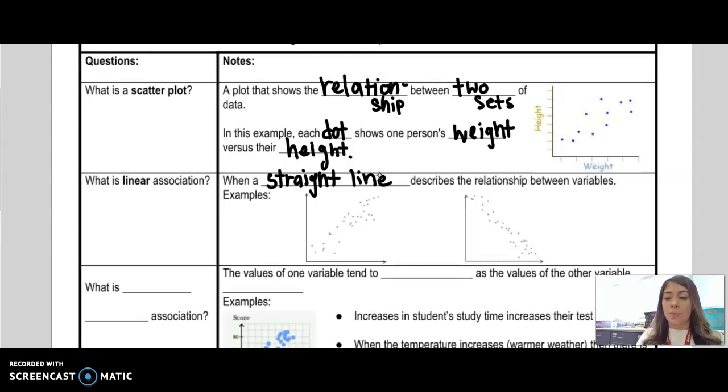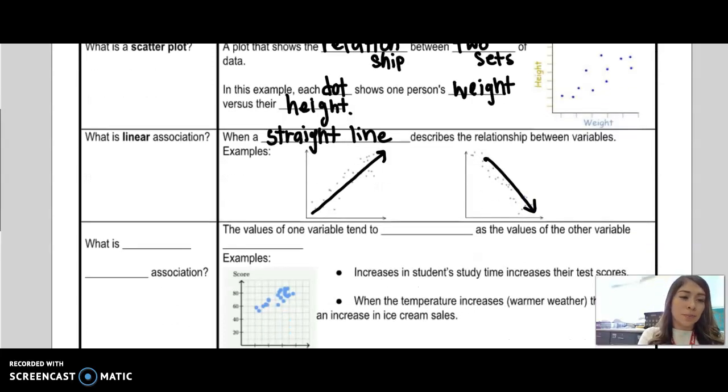So here are two examples that I have. I have a scatter plot, and here is going to be a line, and then in my second example here is another line. That is when a straight line describes the relationship between the two variables. That is going to be a linear association.